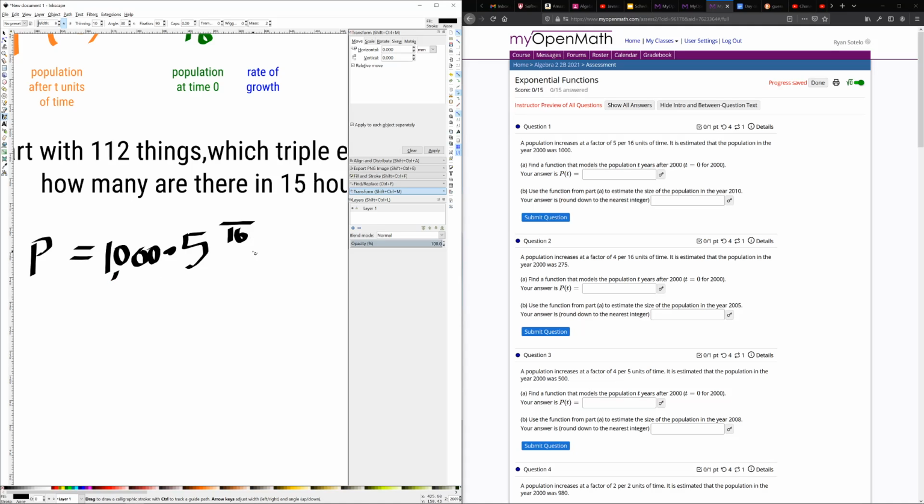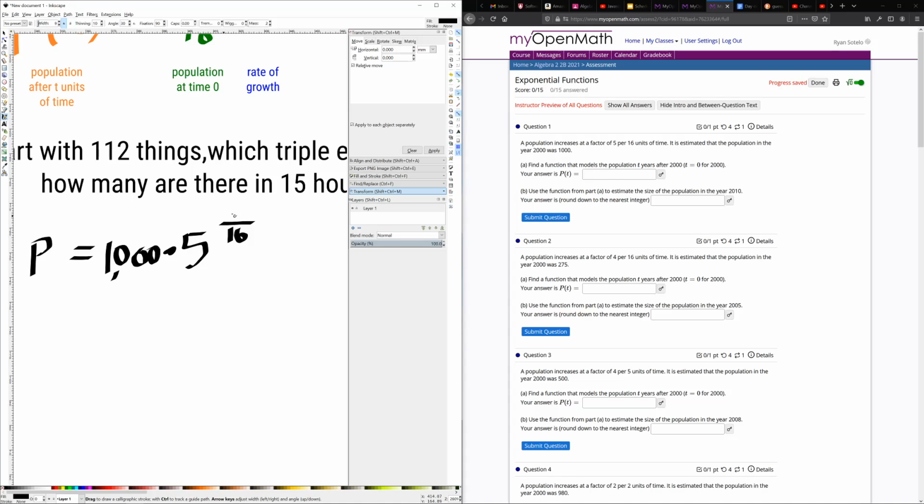Now, write the function that models the population t years after 2000. So if 2000 represents t equals 0, in the year 2000 I'd put a 0 here, and I would just have 5 to the 0, which is 1. So at the year 2000, I would have 1,000.